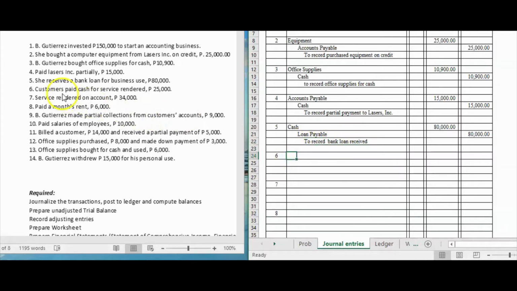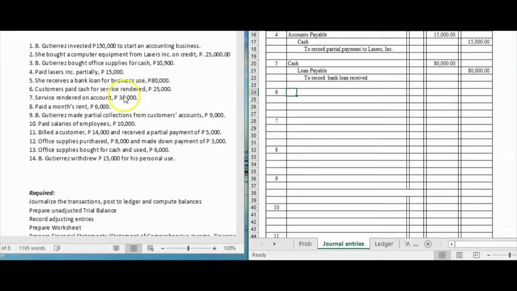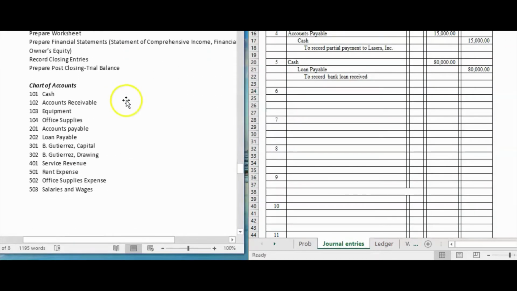Next, customers paid cash for service rendered, 25,000. The customer paid cash for service rendered. Okay. Yung cash is under asset. Yung service rendered, that is your revenue. Okay. We go back here.